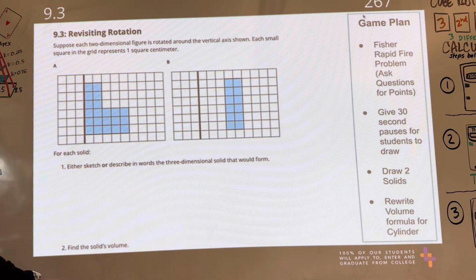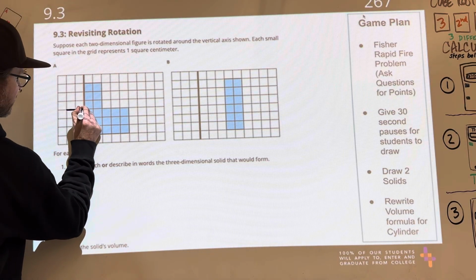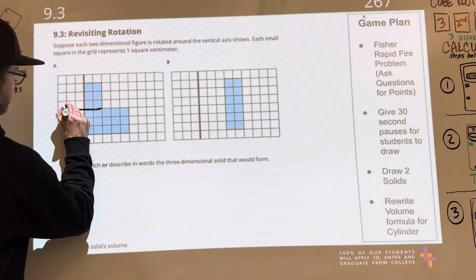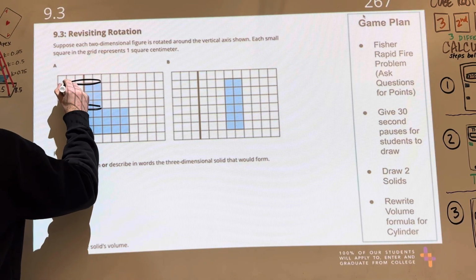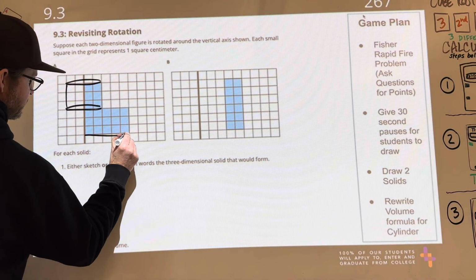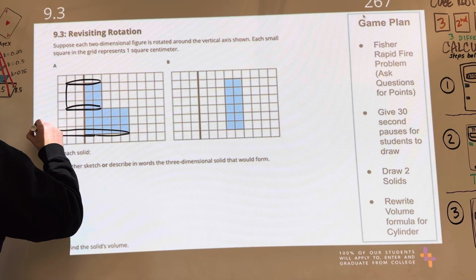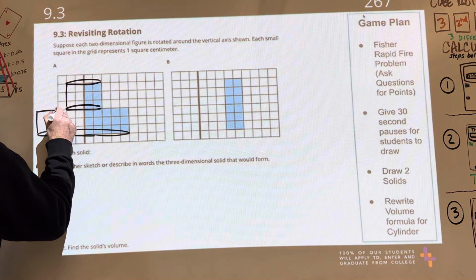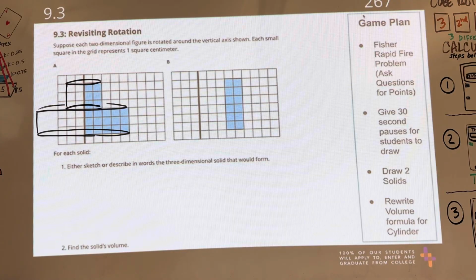So, the first sketch, you're going to have a cylinder on top of another cylinder. So it's going to be something like that.